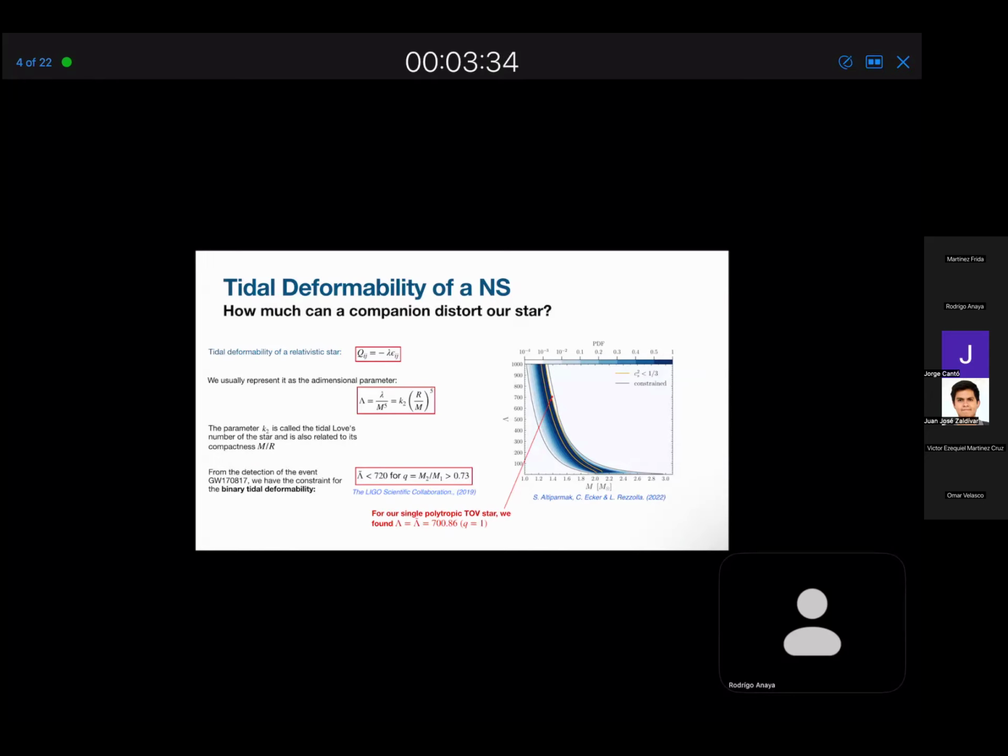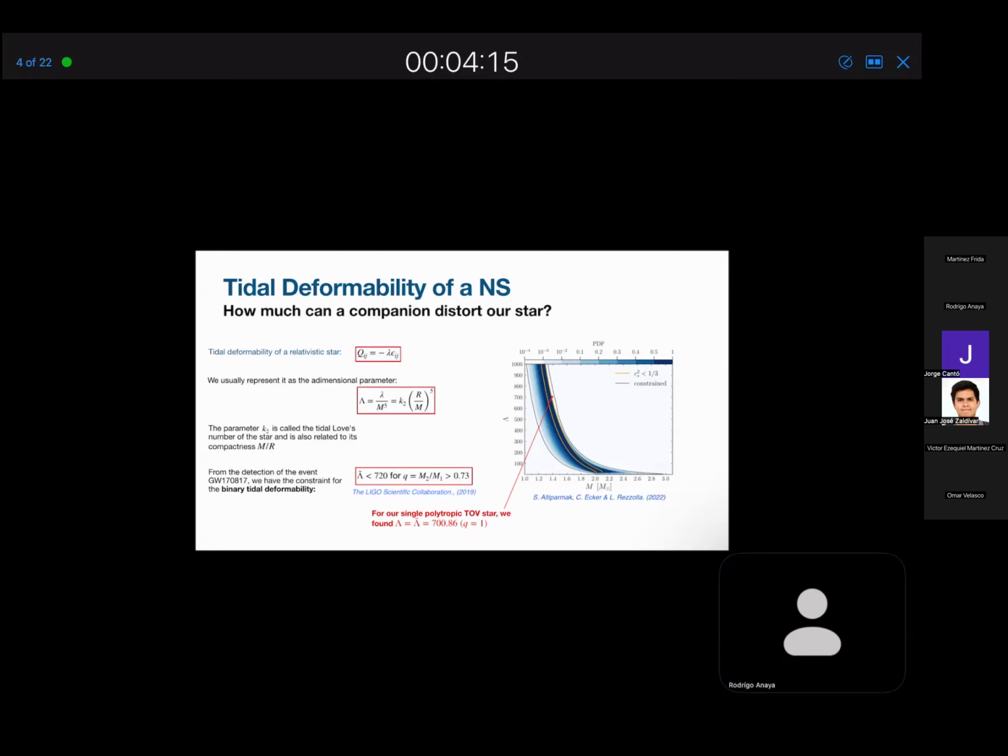If we study this dimensionless parameter lambda, we find from the comparison with the study by Altiparmak et al. that for our neutron star, again a polytropic equation of state, a radius of 14 kilometers and a mass of 1.4 solar masses, our tidal deformability is around 700.86, which is in the fiducial range that this work found.